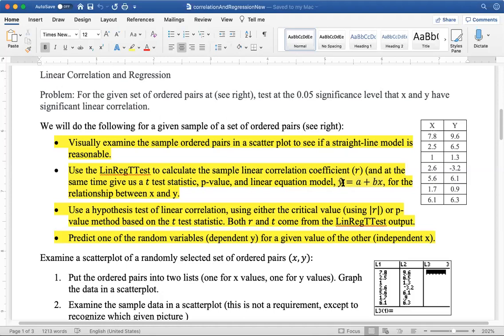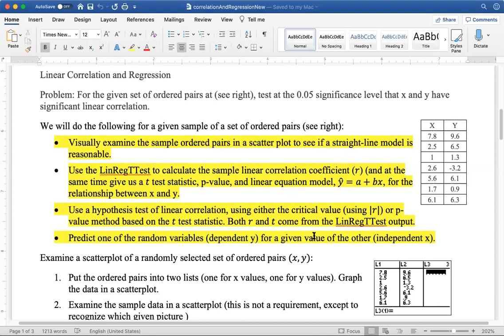And so the equation is y hat equals a plus bx, and it's going to give us that information. So the LinRegTTest gives us everything we need. We just need to make use of this information to answer the question, what's the test statistic value, and make a decision and state a conclusion.